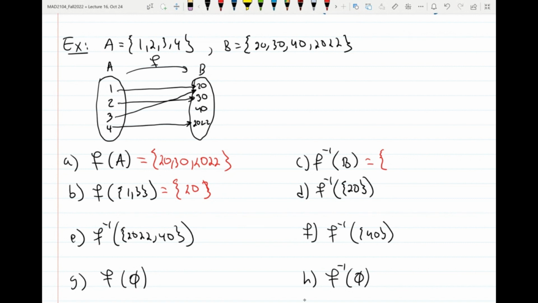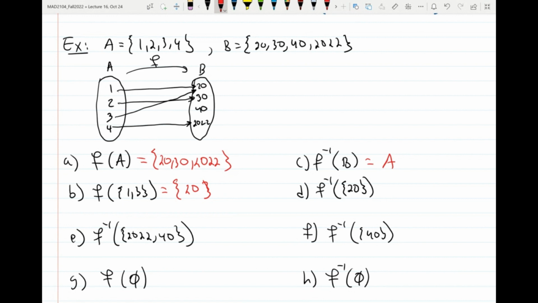It's all of A. In other words, the inverse image of the codomain is always the entire domain, right? Because every element in the domain goes towards the codomain. Okay, now it's more interesting when you get subsets of this.